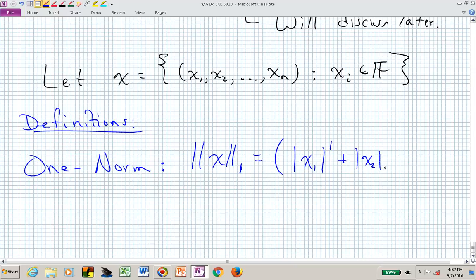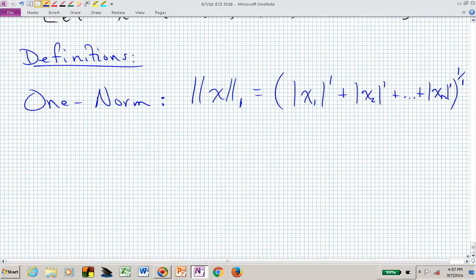The second coordinate, I take its magnitude and raise that to the first power. And I just keep doing that for all coordinates. Then I sum those, and then I take the first root of that sum, which means I'm not doing anything in the one norm case, but just adding up the magnitudes of the coordinates.